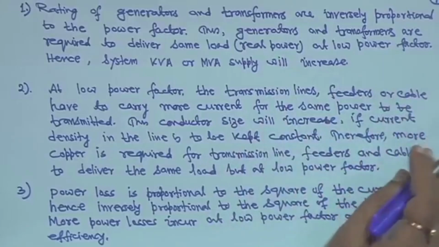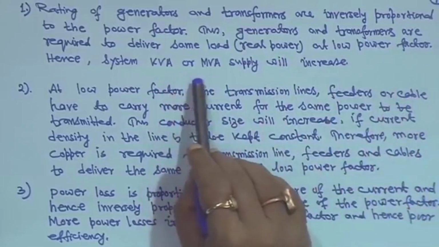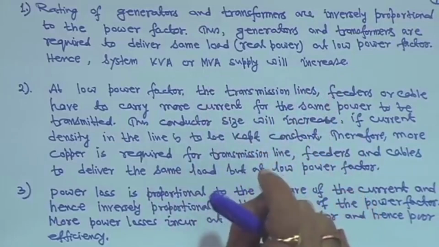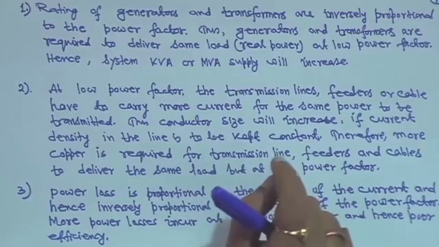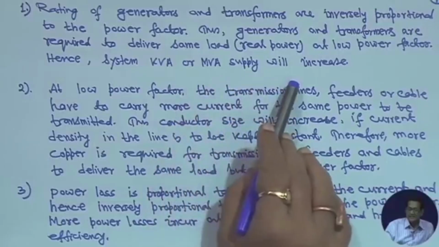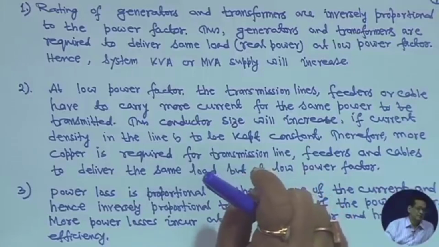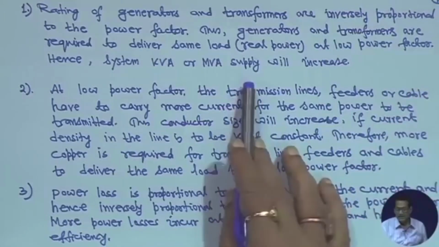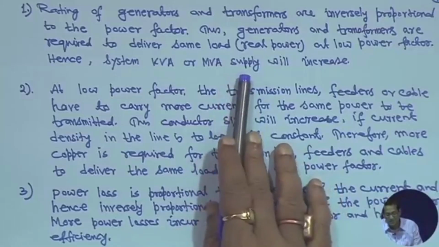Hence, system kVA or MVA supply will increase, because if power factor is poor, to supply the same real power, the kVA or MVA supply will increase because reactive power will increase. Many other things are associated with that, later we will discuss.